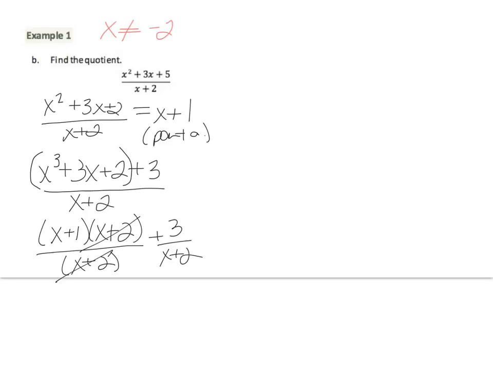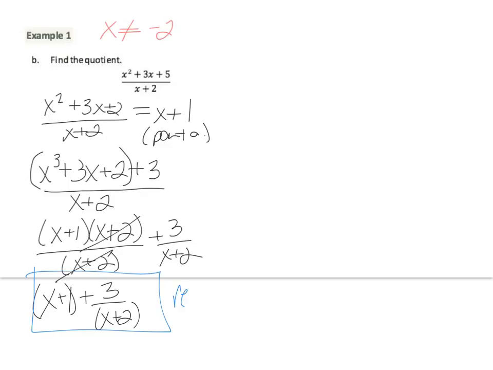Now I can cancel that out and write my answer. Put parentheses around that, and we have our answer. Our remainder is 3 in this problem.